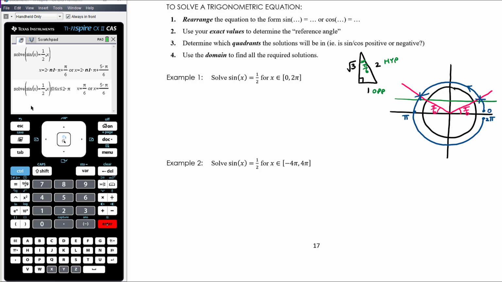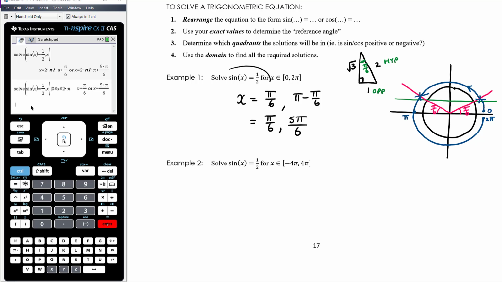This one here at pi on 6 in the first quadrant, and this one around here in the second quadrant, which will be at pi minus pi on 6. So our solutions, x is going to be equal to pi on 6, or pi minus pi on 6. I'll write that line out, but you don't need to write it out if you can do that in your head. And so x is equal to pi on 6, or 5 pi on 6.